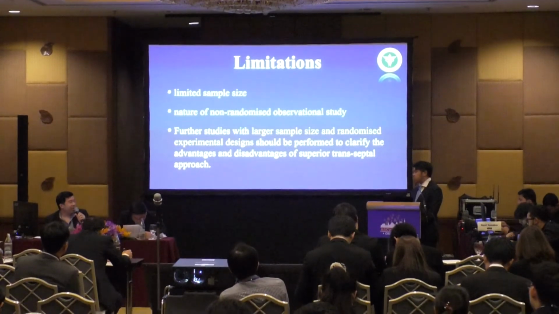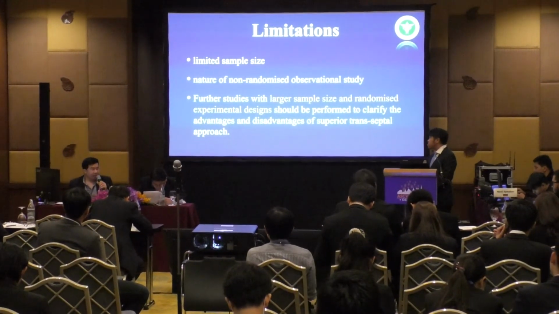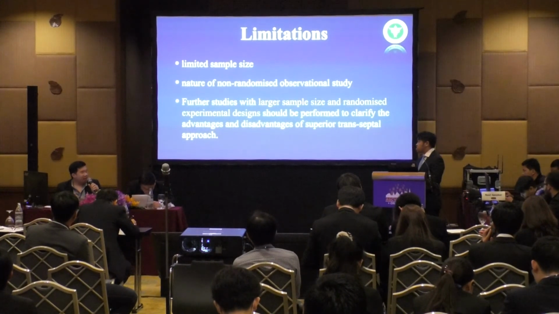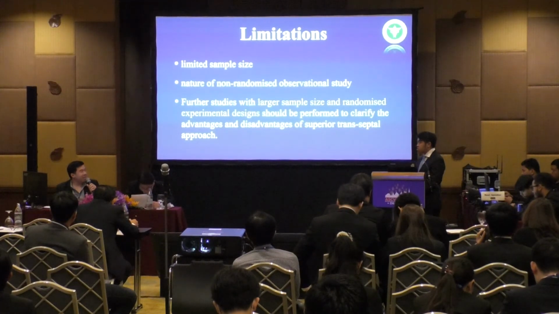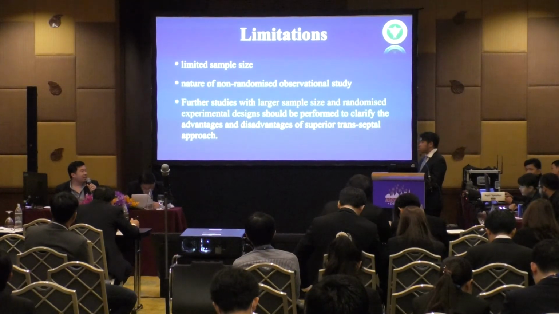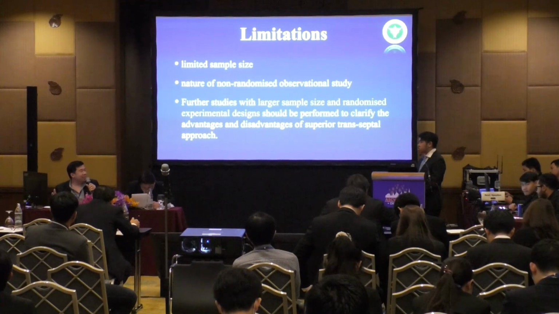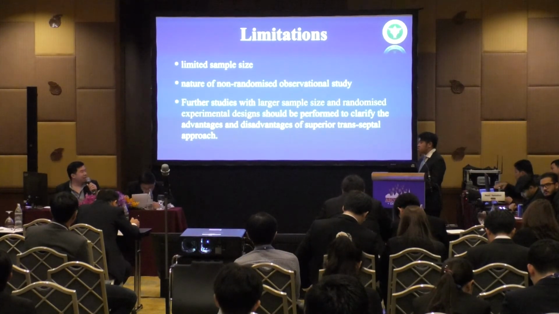I have a few questions because they have some difference by indication. Like if we have a large LA, we will perform the transseptal, and if we have a small LA, sometimes we will perform the classical LA approach. Did you have some management of this confounding by indication?